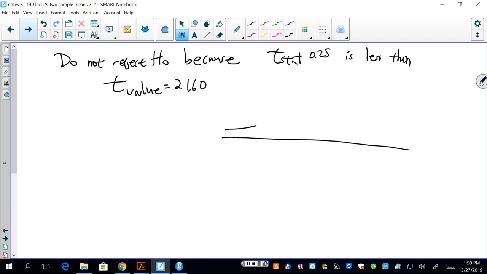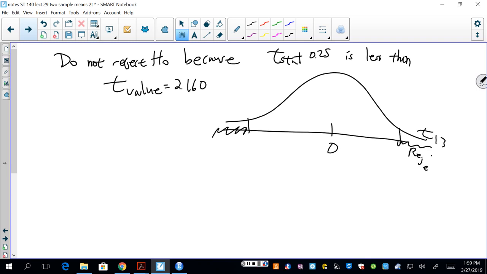So the t distribution centered here at 0 is t with 13. If we end up out here, this is where we reject. We would reject out here.